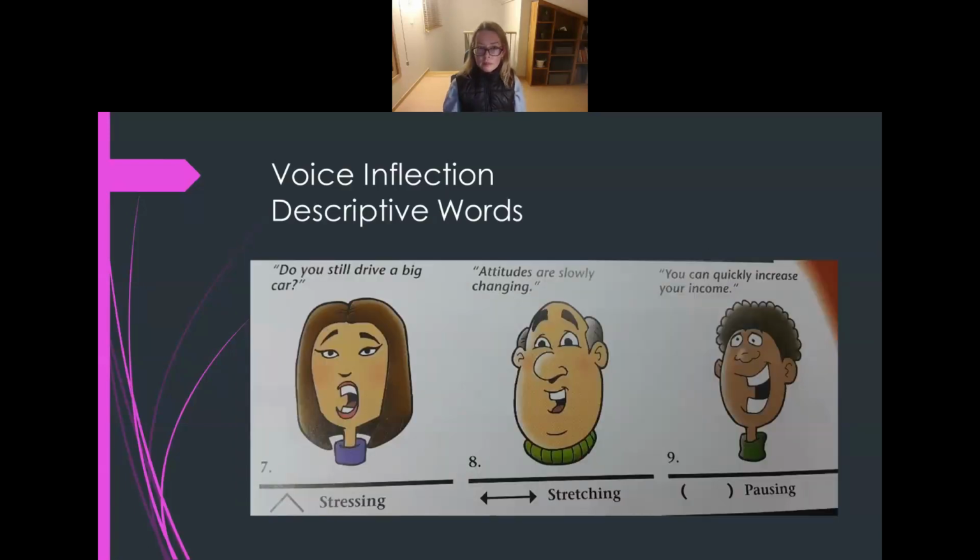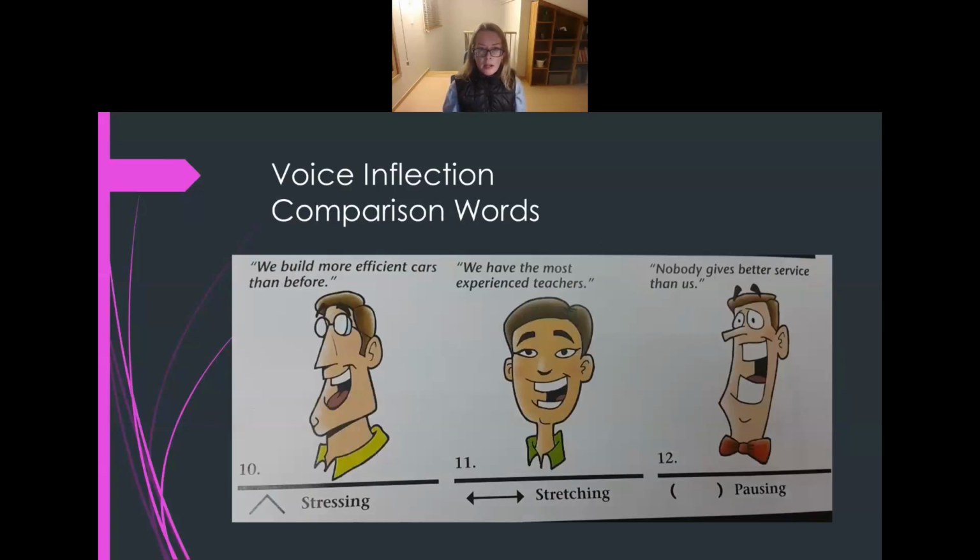This is voice inflection with descriptive words, with your adjectives. You could stress your adjective big here. You could stretch your adverb slowly here and pause before. Anyway, you guys can practice these by yourselves, please. Comparison words, you guys can do the same with comparison words, right?